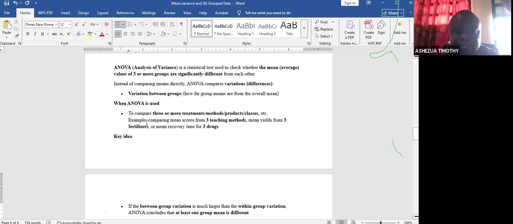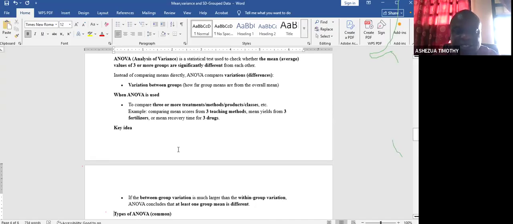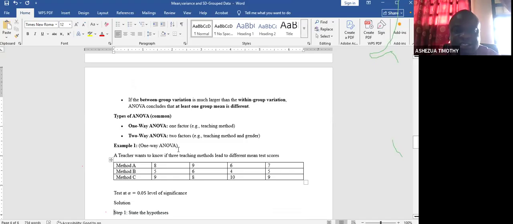Now, ladies and gentlemen, examples are comparing mean scores from 3 teaching methods, mean yields from 3 fertilizers, or mean recovery time for 3 drugs. Now, the key idea here is if the between group variation is much larger than the within group variation, ANOVA concludes that at least one group mean is different.